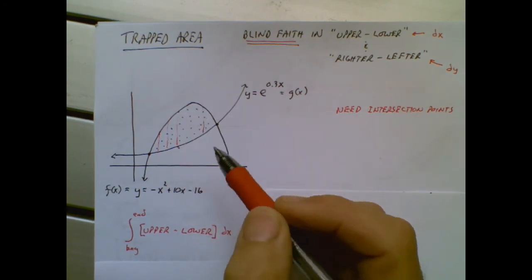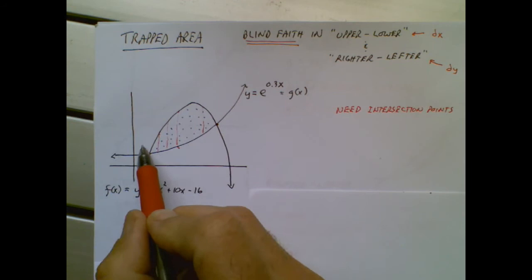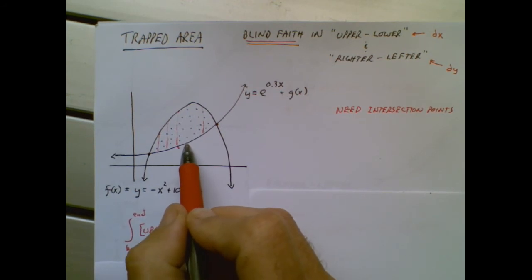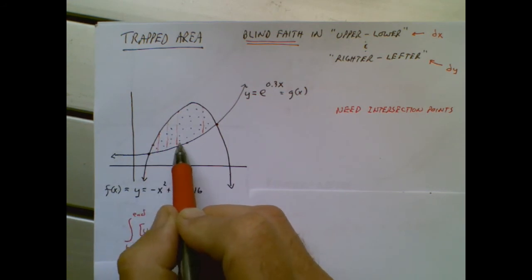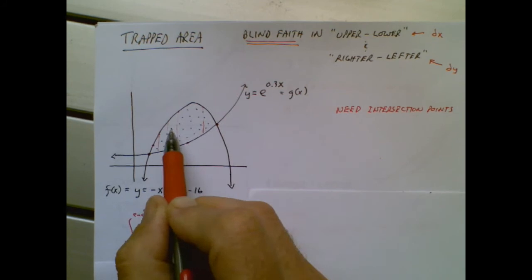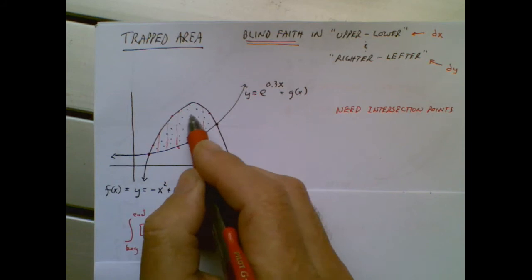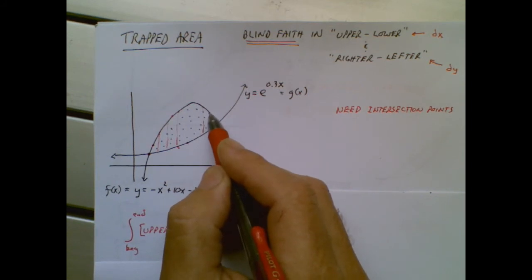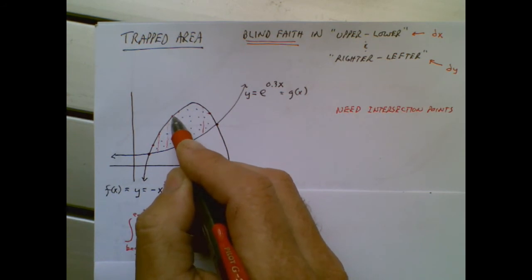So just so you understand why I wouldn't do righter minus lefter: if I started to do right to left slices, in this slice I would start at one function and slice over and end on the left with the other function. Well, that's all well and good, but if I continued slicing like that, eventually I would be up here doing a right to left slice, and I would start out on my f of x function, and when I ended my slice I would end up on the same function, f of x.